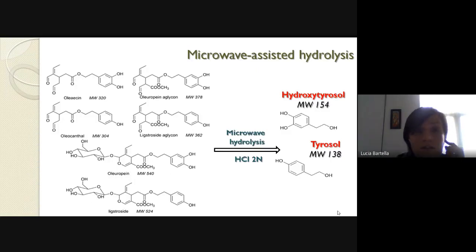We have previously developed a new method to obtain only hydroxytyrosol and tyrosol in order to quantify the total amount of hydroxytyrosol and tyrosol after a fast microwave-assisted hydrolysis.